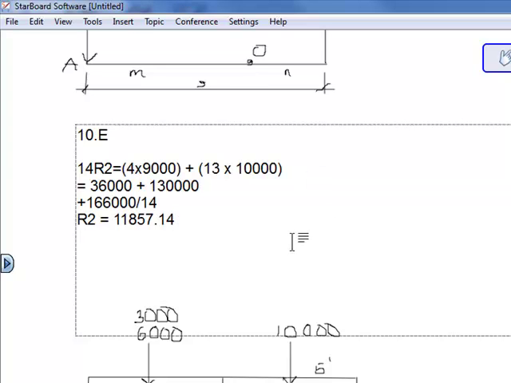Yeah. And then to figure out R1, you just have to say it's the reaction. So you've got your total load of 9,000 plus 10,000 going down, minus your R2, which is 11,857.14, which equals 7,142.86.